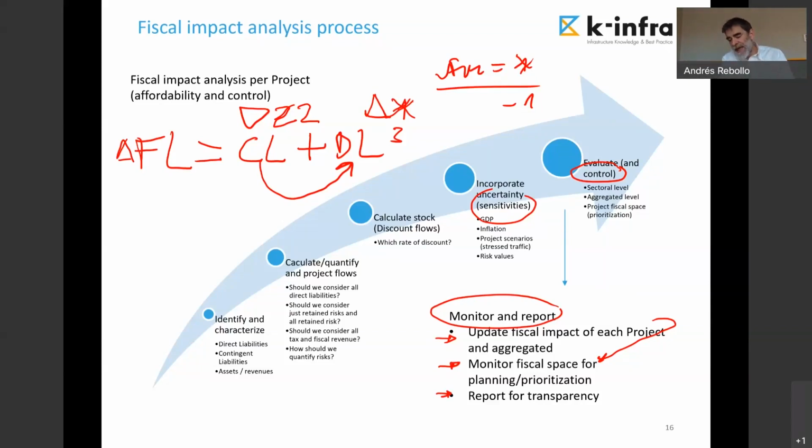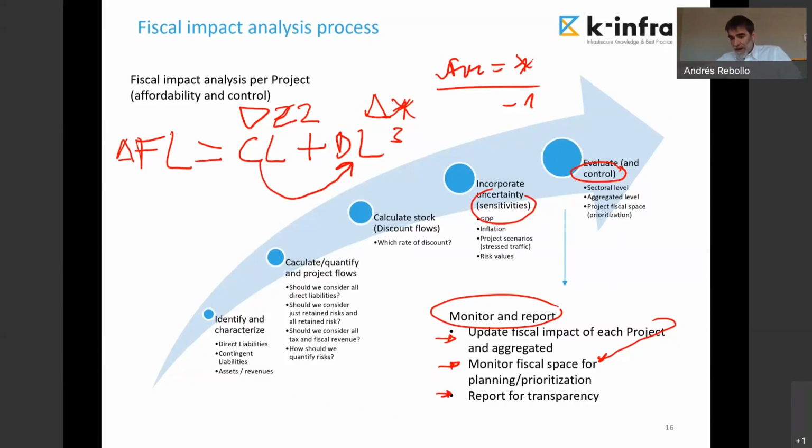Another different thing is when I am discounting the contingent liabilities. Those values for the contingent liability, for the risk that I have retained, are not risk-free. They are risk that in fact is retained, and I have assumed that risk and I will have to fund or finance those impacts.